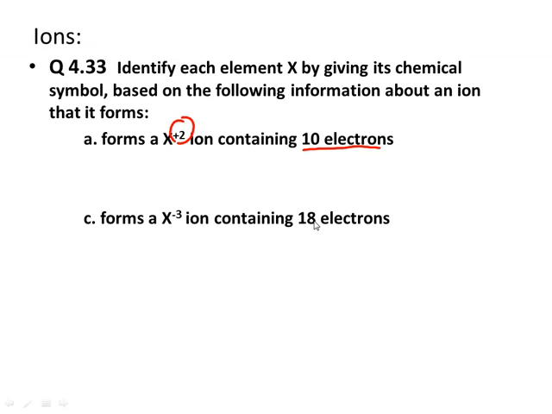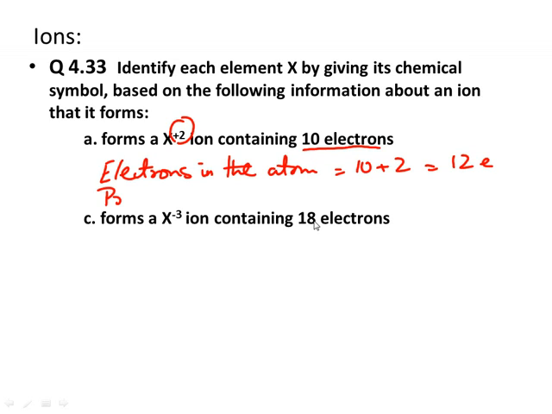If after losing 2 electrons, it has 10 electrons left, how many electrons did the atom have? How many electrons did it have before it lost those 2? Of course, 12. So, if an atom has 12 electrons, it should also have 12 protons.